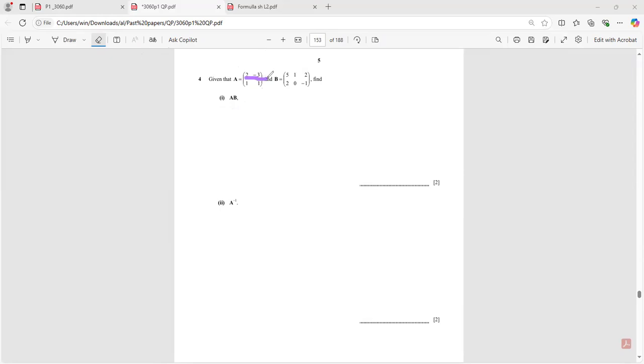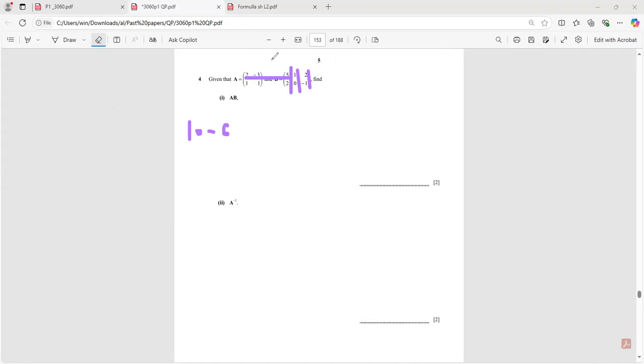So this row multiplied by the column, and so on, for each column. Okay, let's get started. So the first one, 5 multiplied by 5, plus 2 multiplied by 5, which is 10, plus negative 3 multiplied by 2, which is negative 6. So it will be 10 minus 6.